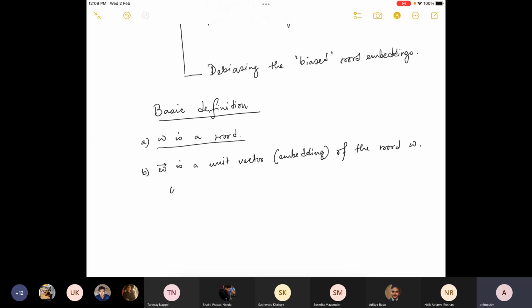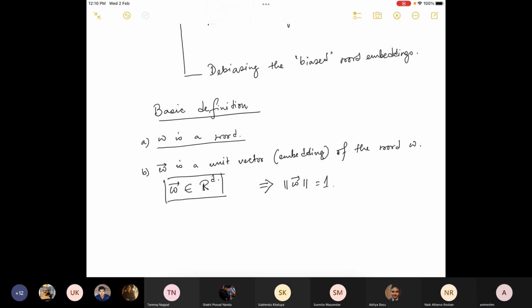And w vector is drawn from a real d-dimensional space. As we are already notifying that w vector is a unit vector, therefore the norm is 1.